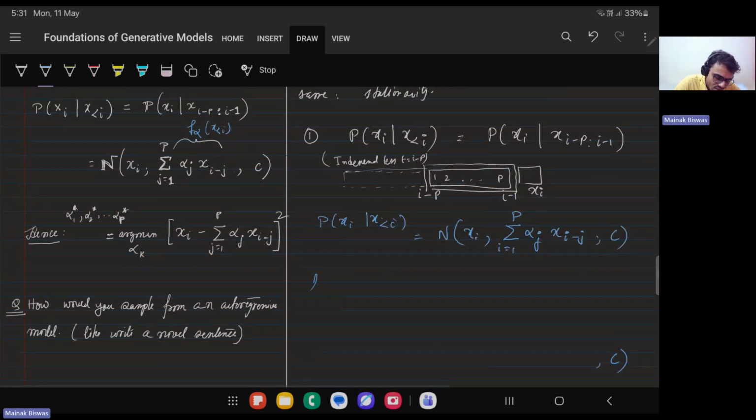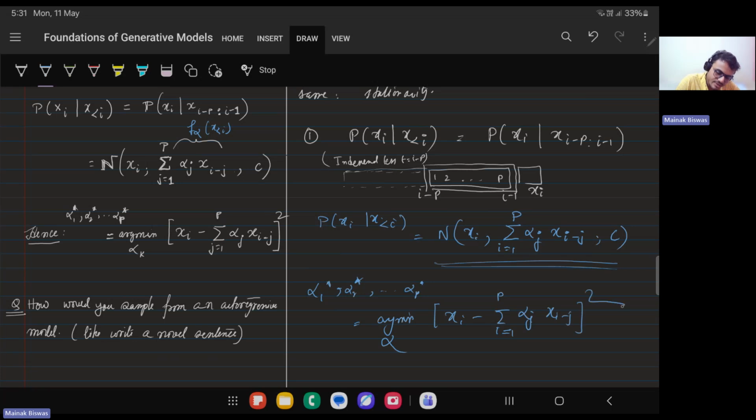If I do this, the loss at time t is going to be an MSE loss if you assume a normal distribution. So you will get alpha 1 star to alpha p star as the argmin over all alphas of xi minus the summation over j equal to 1 to p of alpha j x of i minus j, squared. Right, this is all this model is going to do.